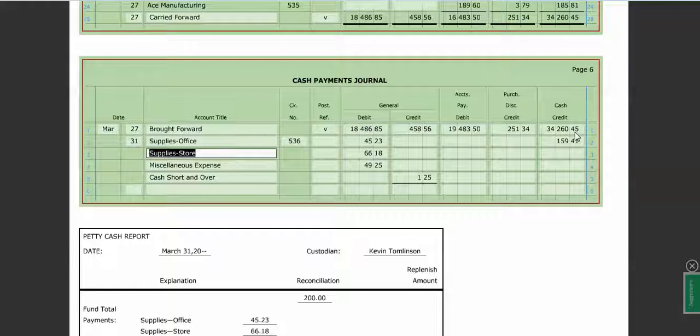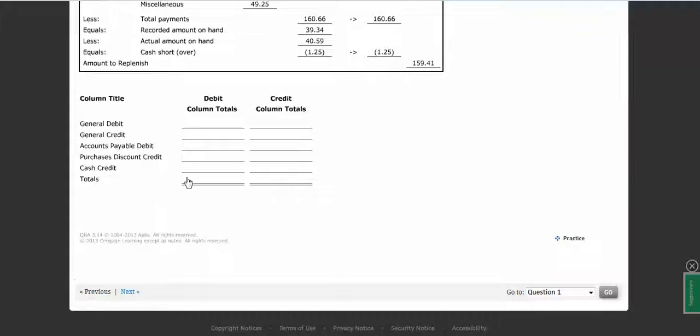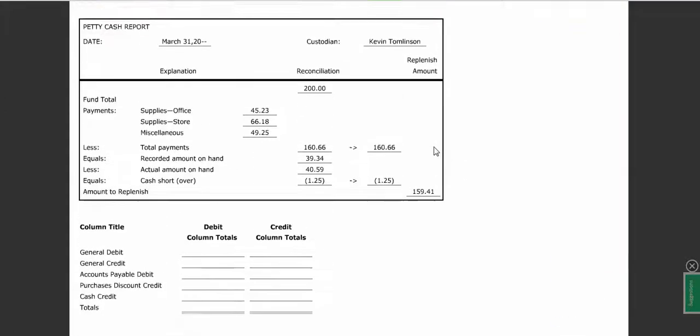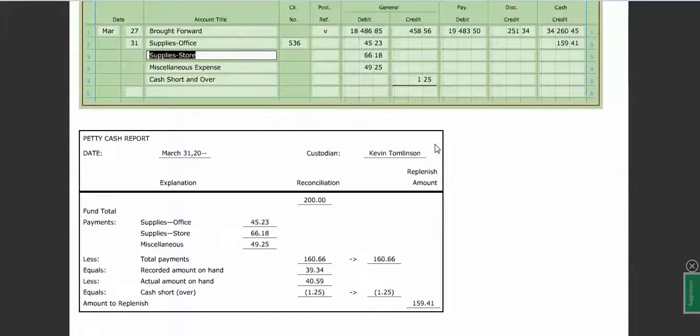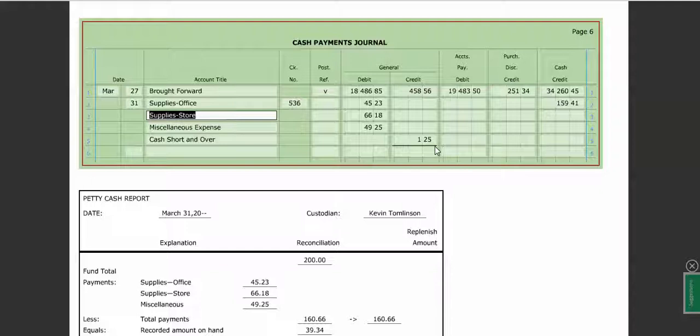That's what we're going to pay to replenish the petty cash to get it back up to $200 because of the miscellaneous things that we purchased. Then you would continue on and total this, and then prove and rule down here, which we've done in previous lessons, and I'm not going to do again, but the information will come from there. Hope this helps, and best of luck.